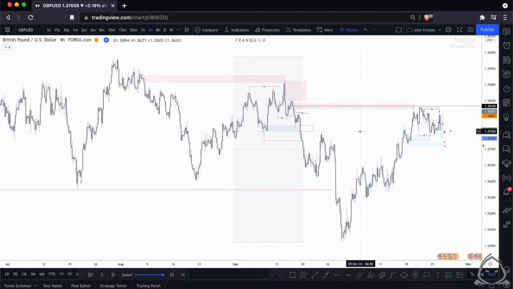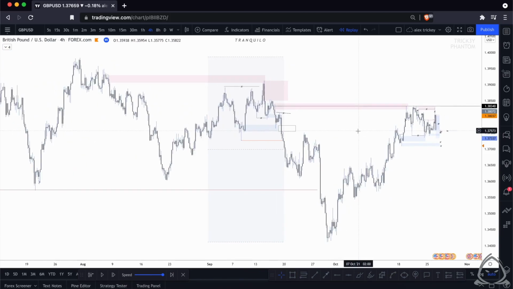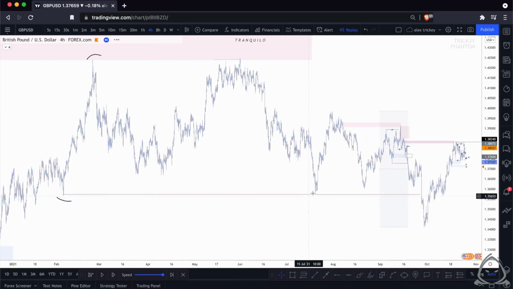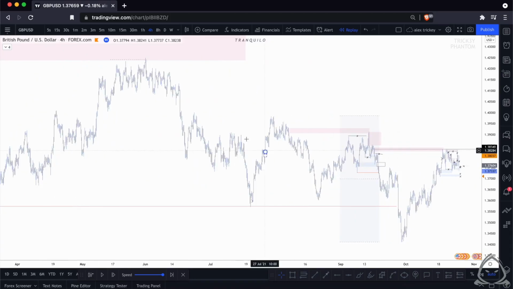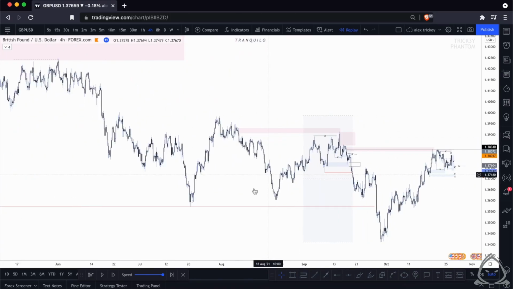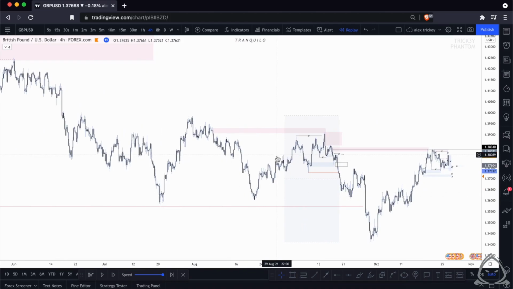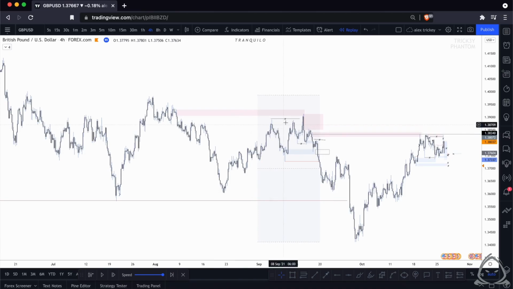Then we can look at where the interactions between supply and demand are, where supply regained control of demand. At this point in time, if I zoom out a little bit, we were reacting to this extreme daily demand. We then broke structure bullish, and then reacted once again to this extreme 4-hour demand, and we were putting in bullish internal structures to the upside.